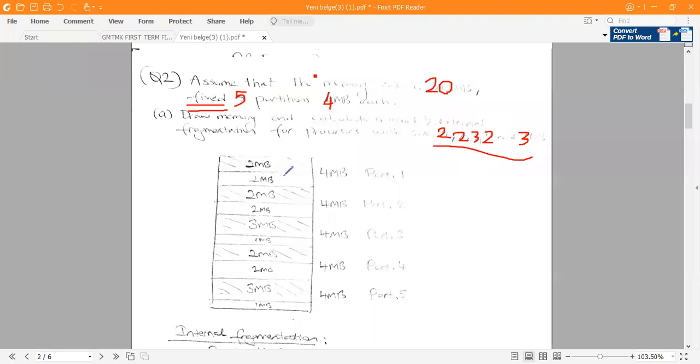Since it is fixed, first of all, I set 5 partitions, 4 megabytes each.